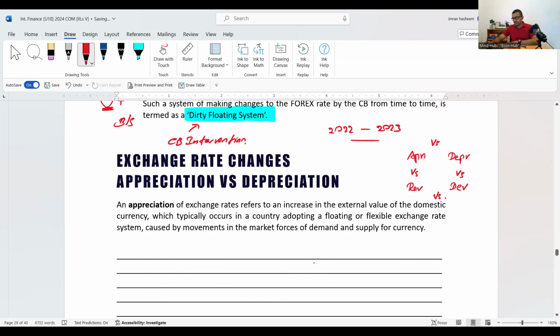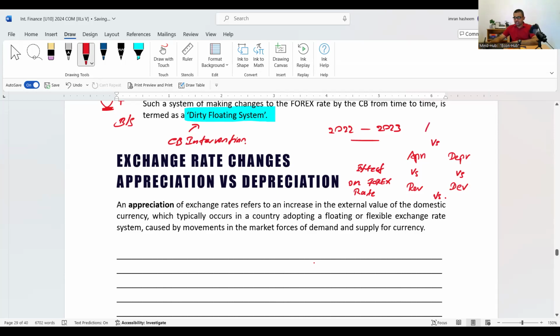So here on this side, the effect on the forex rate is the same. Appreciation, revaluation, same effect. Depreciation, devaluation, same effect. But the regimes are not the same. The systems are not the same.